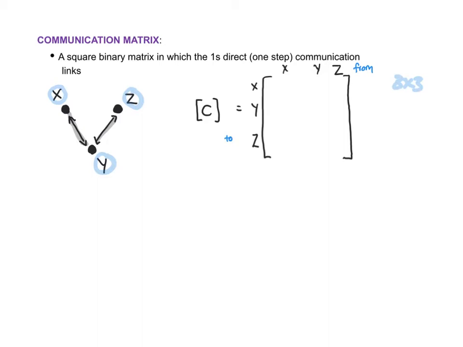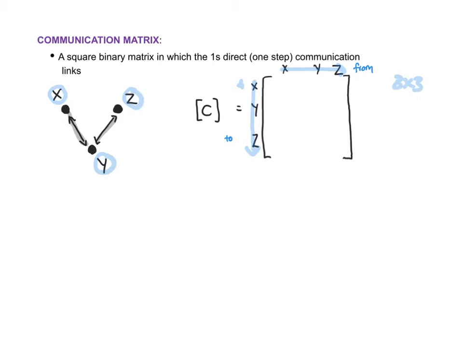It's important that X, Y and Z going across are in the same order going down. The message or communication goes from the side to the top. We'll put a 1 if there's a first step, or one-step, communication.